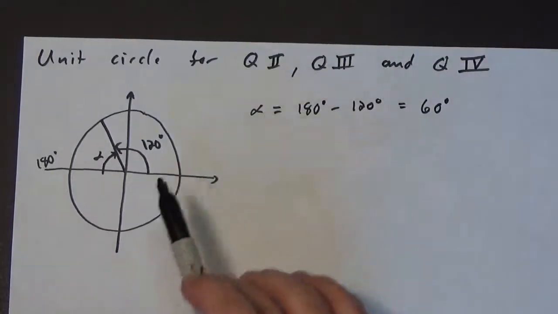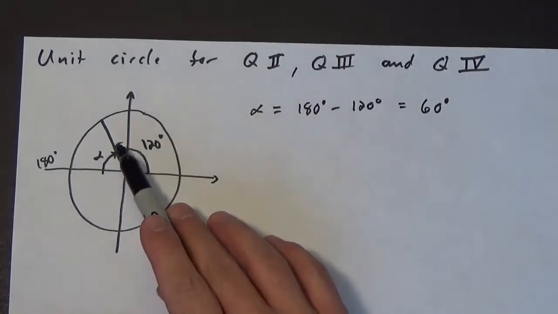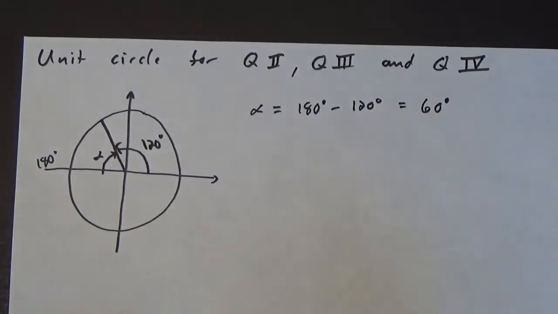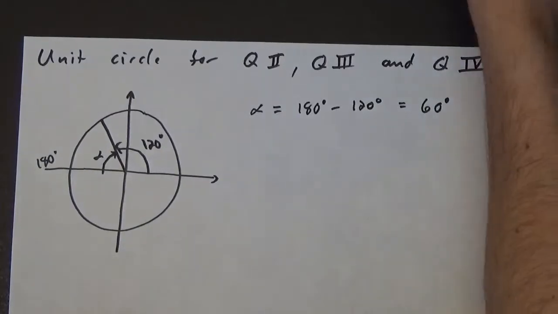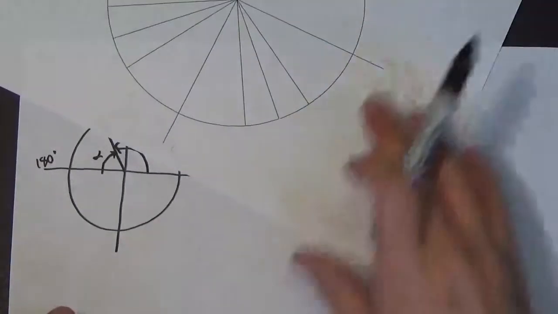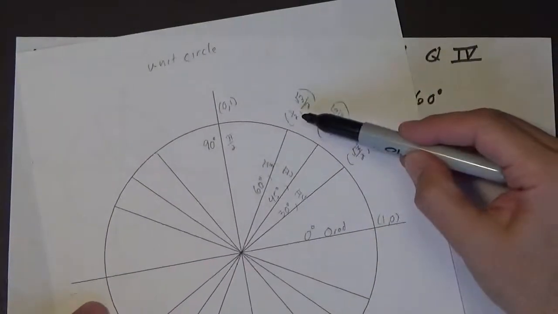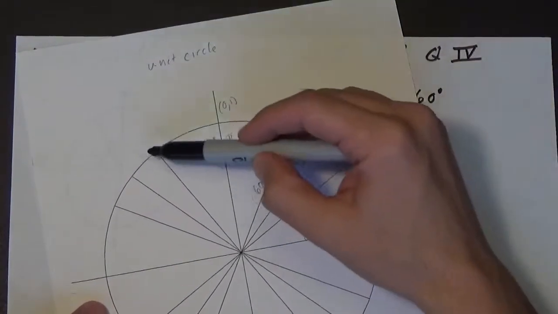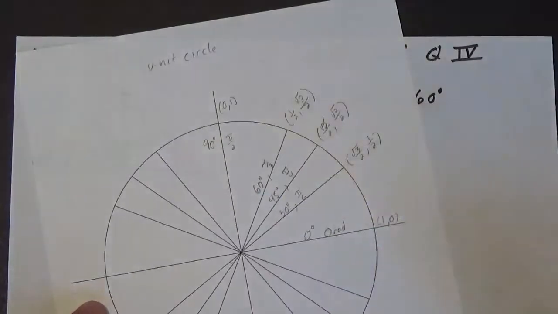So that means the x and y values for 120 degrees are associated with the x and y values for 60 degrees. And we know the x and y values of 60 degrees, it's right here, 1/2 and the square root of 3 over 2. So this right here is going to be our 120 degrees.